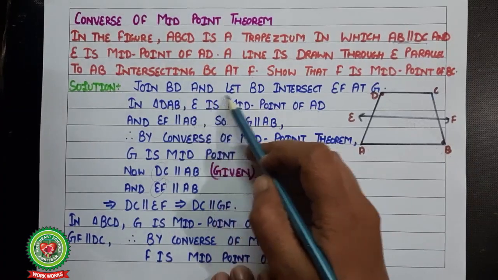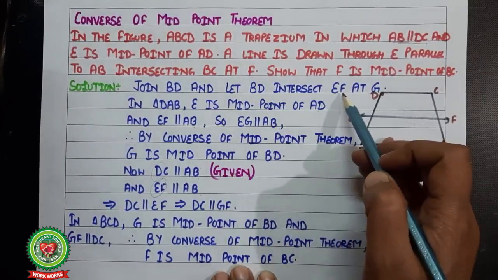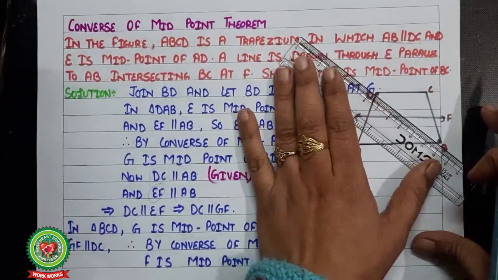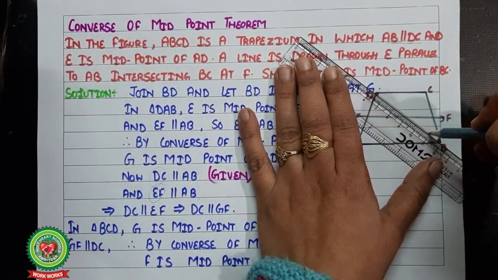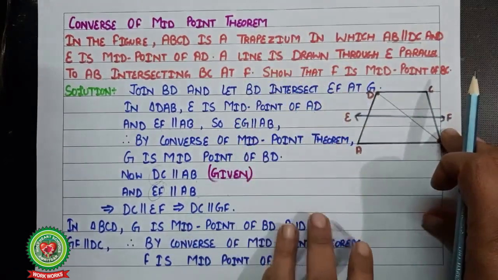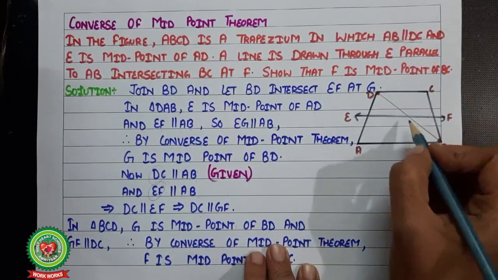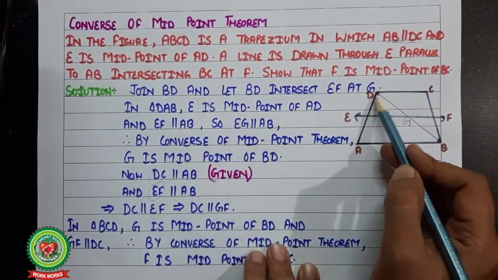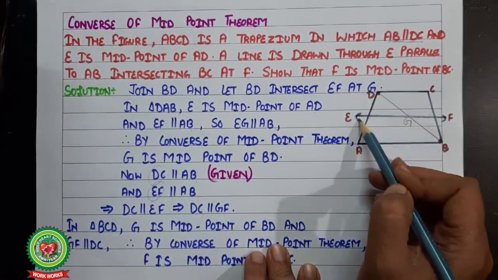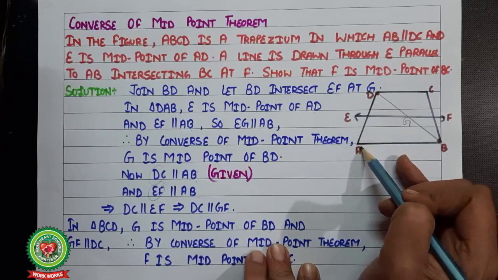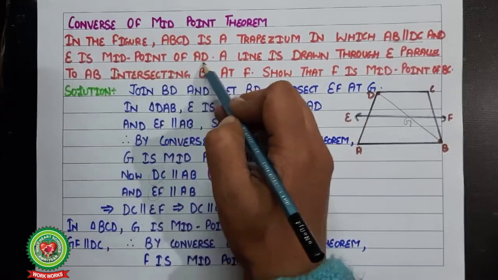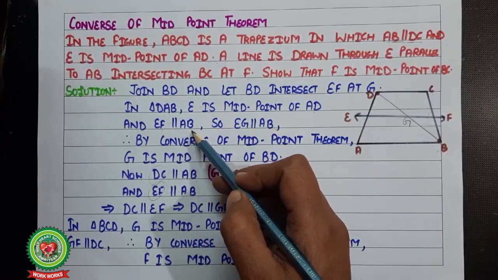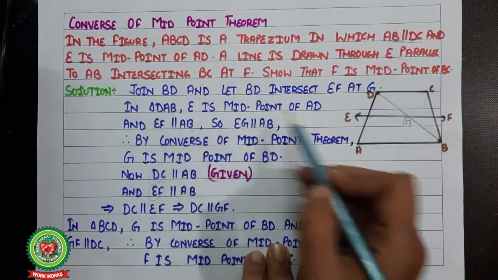Join BD and let BD intersect EF at G. So first of all, we join this line BD, and BD intersects EF at point G. Name it as G. Now in triangle DAB, E is the midpoint of AD, which is given in the statement, and also EF is parallel to AB, which is also given.